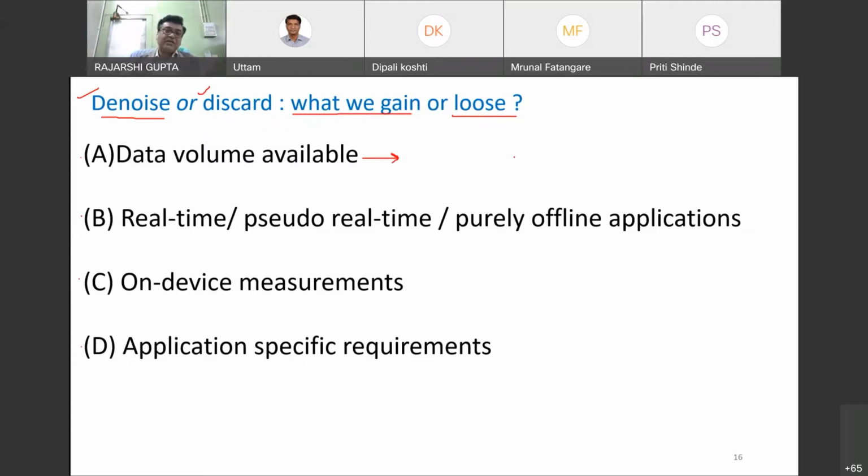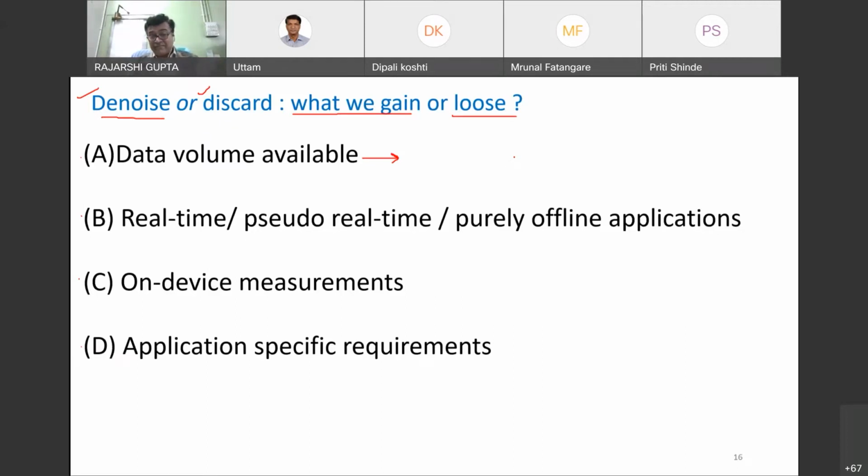Suppose I have 24 hours of signal, and out of that 24 hours I have poor quality signal in say 2, 3, 4 hours, then I can easily discard that signal.